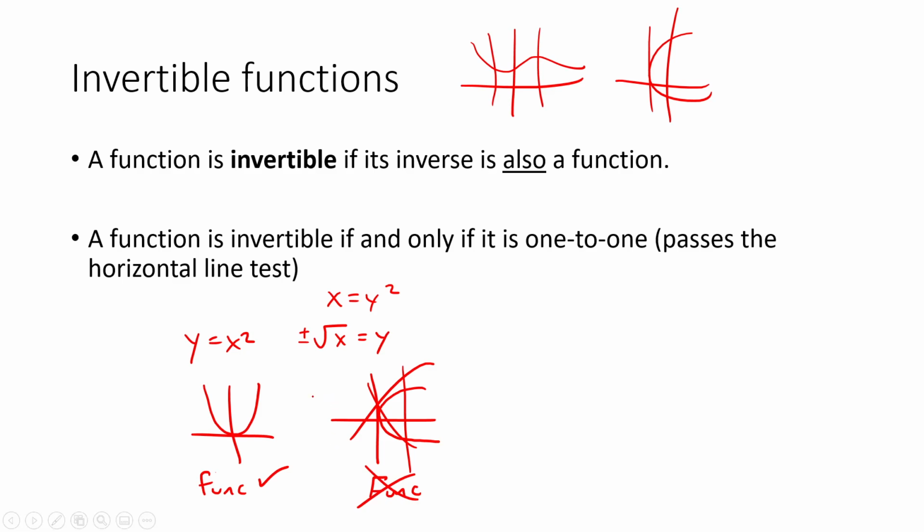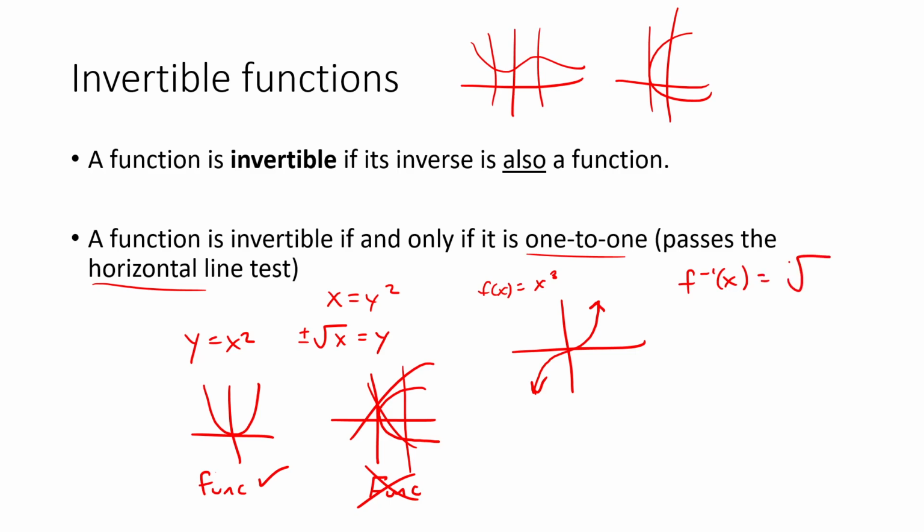Okay, so how can you tell? The easiest way is simply to look and see if it passes the horizontal line test. Is it a one-to-one function? Any function that is one-to-one will also be invertible. So like this is x cubed, which is one-to-one, and the inverse of x cubed is the cube root of x, which looks like this.